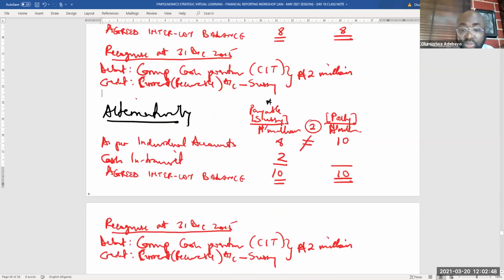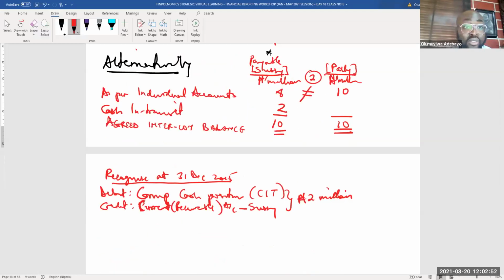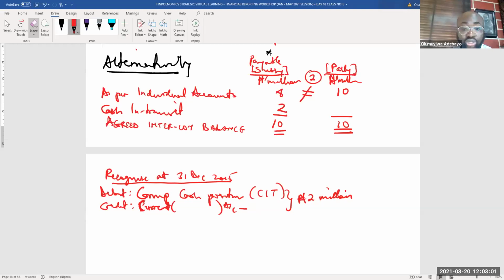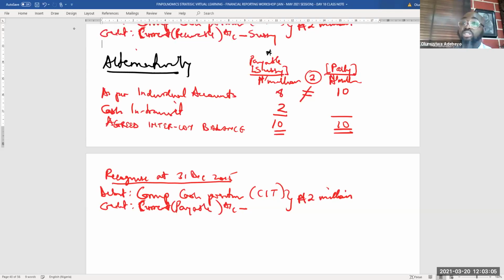It's because instead of crediting your receivable account, what I did was to credit the payable account, given that the money returned to the payer. And which means you are crediting.